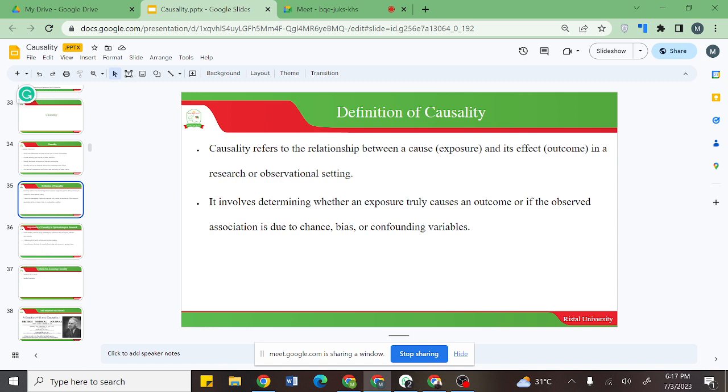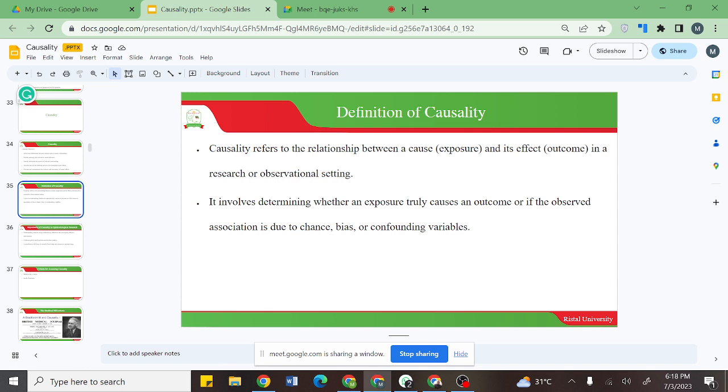or let us say, what is the relationship between having high cholesterol levels in blood in relation to having cardiovascular conditions? So that relationship between the risk factor, which we are calling the exposure, with the disease of interest, which in this case is the cardiovascular disease.